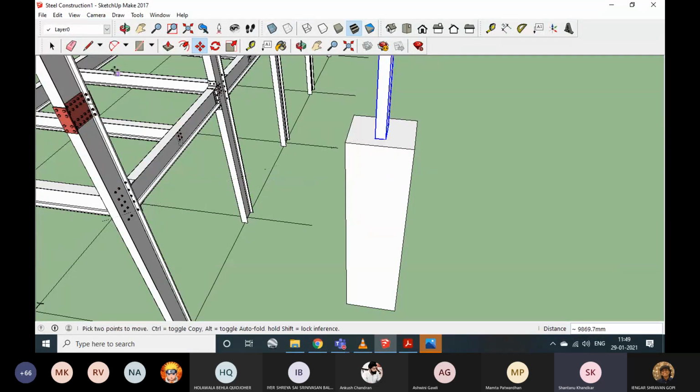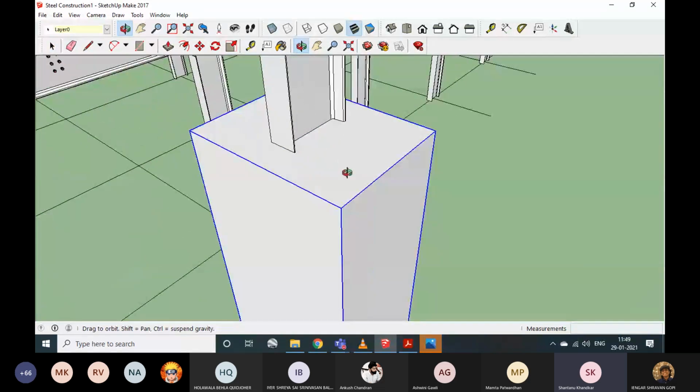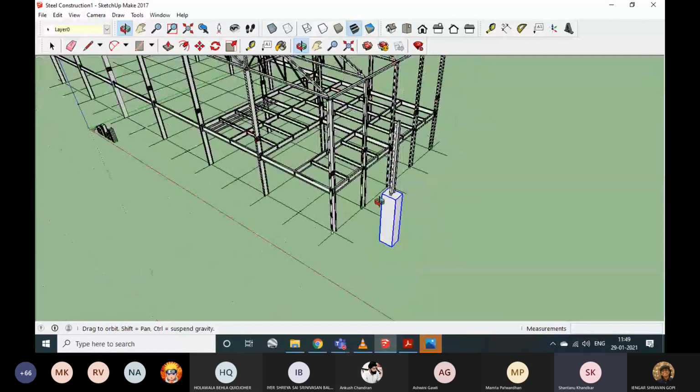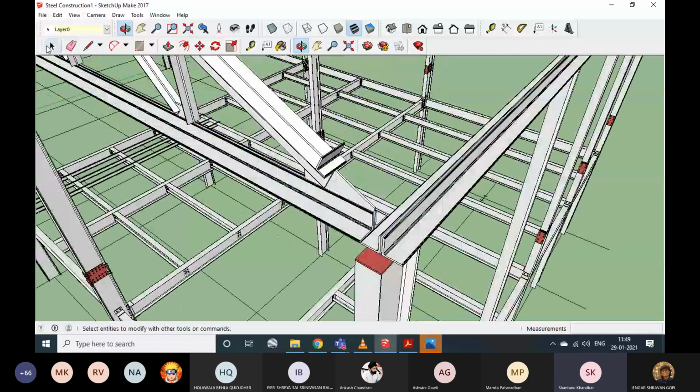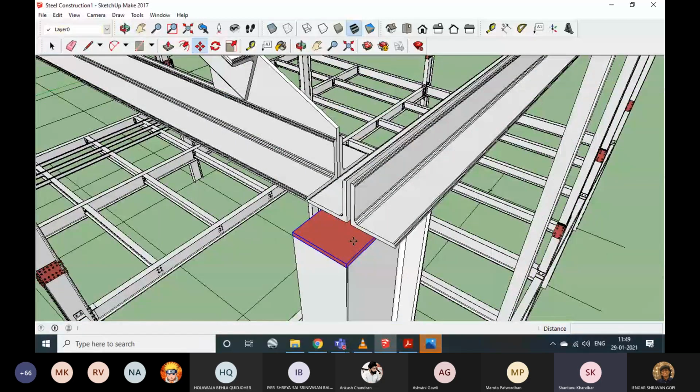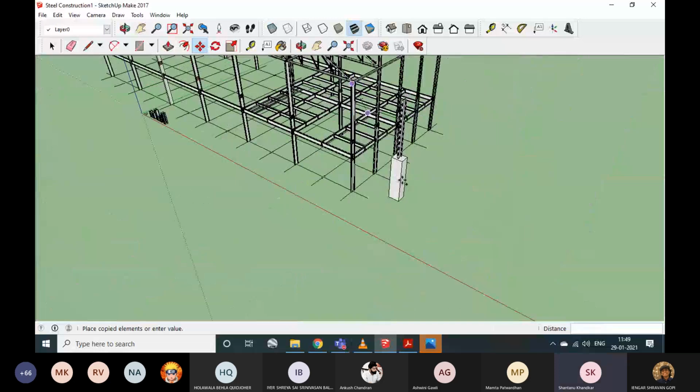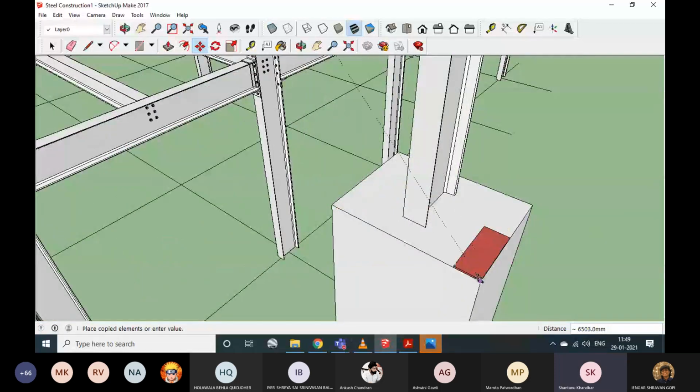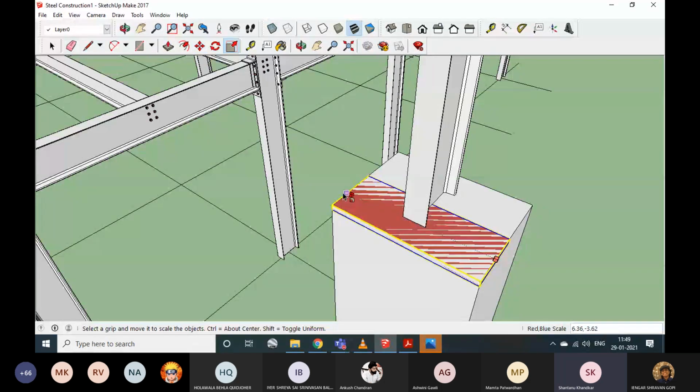Now, obviously, this connection is unstable. You can't just place it like that. So what we do instead is we take ourselves a base plate, and the base plate gets placed on top of the RCC column.